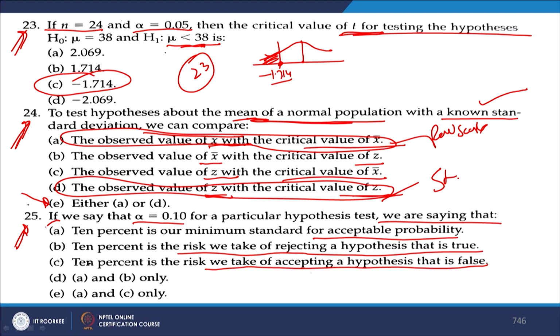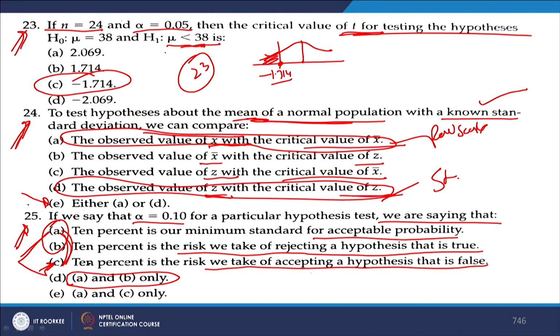Which is correct? Yes, the answer is A and B only. So, 10% alpha is nothing but we are taking a risk that we reject the hypothesis when it is true or accept when it is false, is not it.